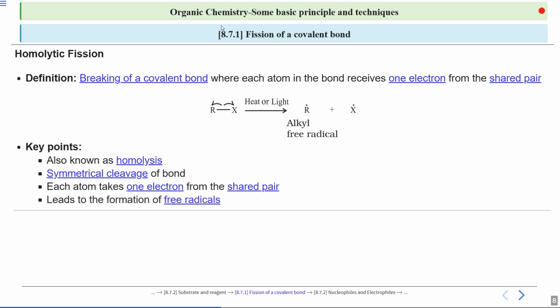Then after the reaction, the intermediate that we are getting is the alkyl free radical. This is not your final product, of course, but it is formed during the transition from reactant to product. That is the reason we call it an intermediate. So this is the first intermediate, known as the alkyl free radical. Now we will talk about this alkyl free radical.